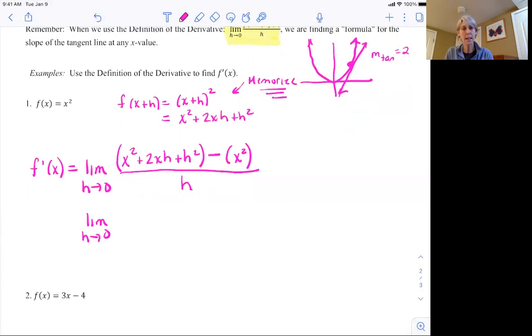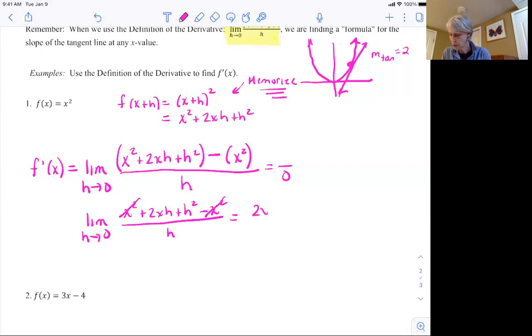I'm just going to clean this guy up a little bit now, because what do you notice? When I plug in 0 for h, I'm going to get a 0 in the denominator. So I know I'm going to have to do some work in the numerator. x squared plus 2xh plus h squared minus x squared over h. We're going to cancel the x squareds.